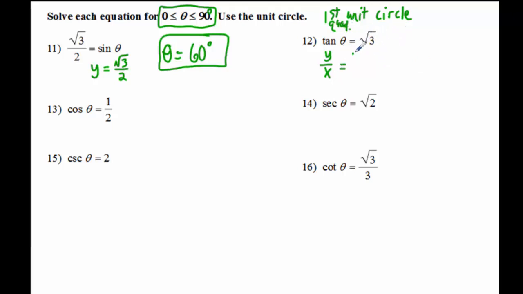Having square root of 3 means I should have a square root of 3 on top and a 1 on bottom, and all of our points are over 2. So I just figured out what should have been in that fraction before they simplified. If my y value is square root of 3 over 2 and my x value is 1/2, which angle is that on the unit circle? It should be 60 degrees. Like I said, a bunch of these end up being 60 degrees.